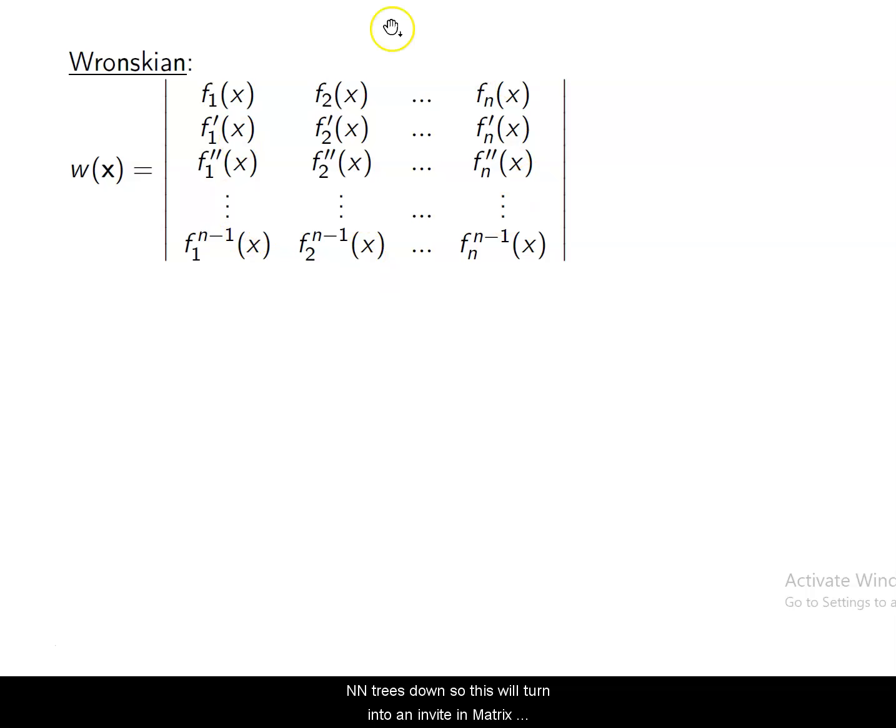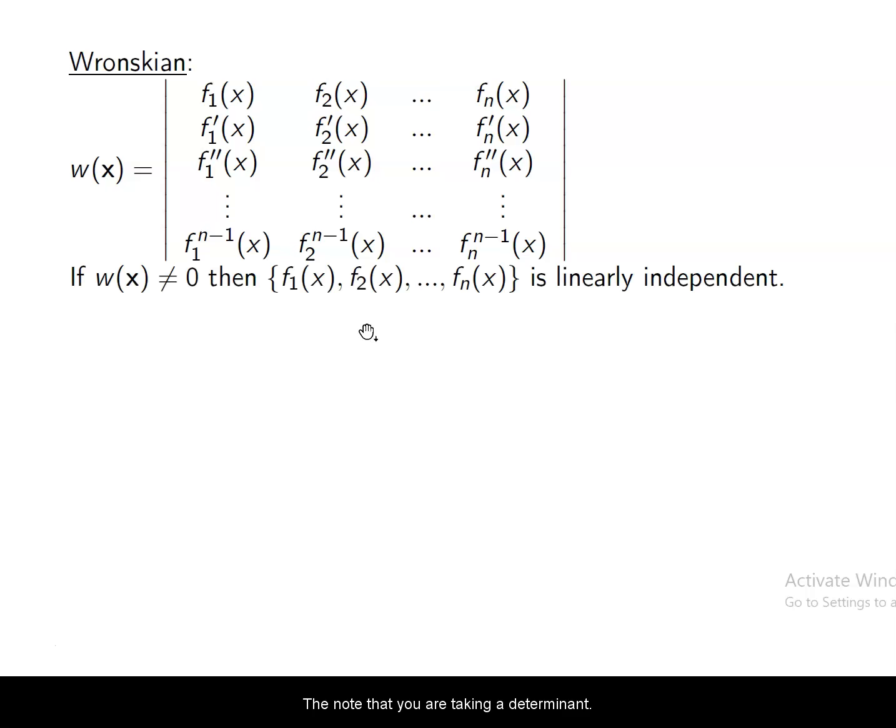So this will turn into an n by n matrix. But again, notice it's not a matrix. Straight bars denote that you are taking a determinant. Okay? If this determinant that you take here is not 0, then your functions are linearly independent.